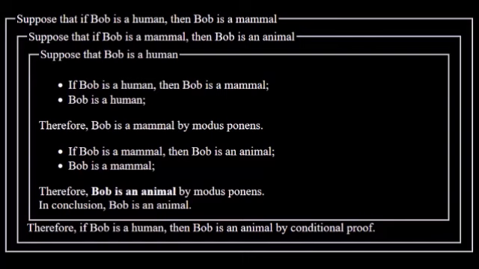So by conditional proof, that's the technical term for this inference, we showed that if Bob is a human, then Bob is an animal, given suppositions that if Bob is a human, then Bob is a mammal, and also that if Bob is a mammal, then Bob is an animal. The problem with this proof is that the origin of each derived formula is completely obscured by not keeping track of each hypothesis used. Compare this to the proof of this exact same theorem in relevance logic R.